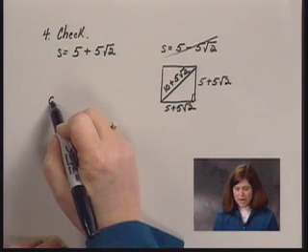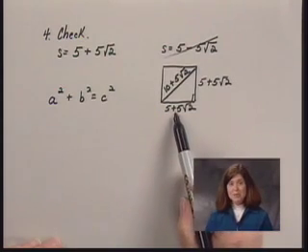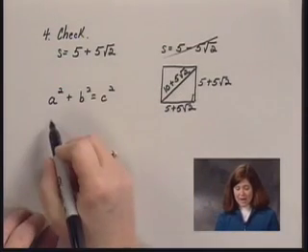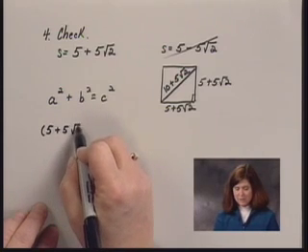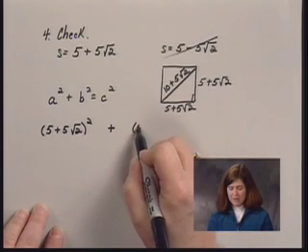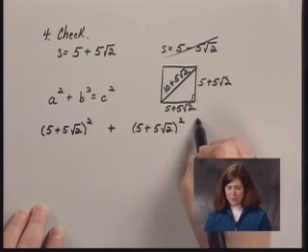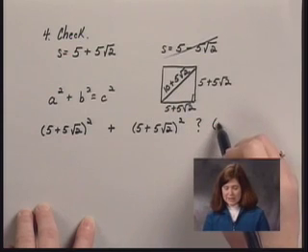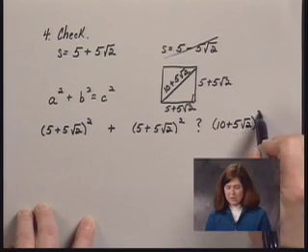So we can use the Pythagorean equation, a squared plus b squared equals c squared, and see if this squared plus this squared does equal the diagonal squared. We'd write that as a is the first side, so that would be 5 plus 5 times the square root of 2, squared, plus the other side, just like that, 5 plus 5 times the square root of 2, squared. And we want to know if that equals c squared, where c is 10 plus 5 times the square root of 2.